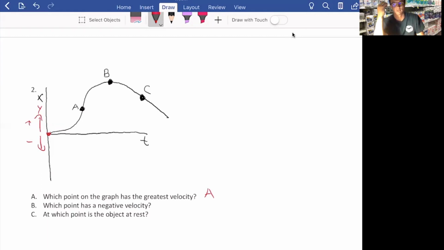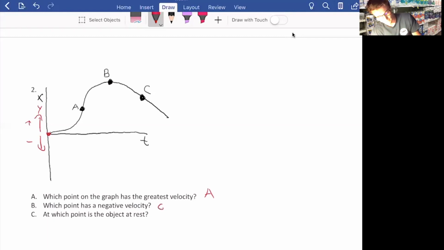Velocity is a vector showing direction. The positive and negative sign just shows the direction. So we know that at part C the slope is negative, it's going back towards the origin, so the velocity is going to be negative at that point. So B is C.